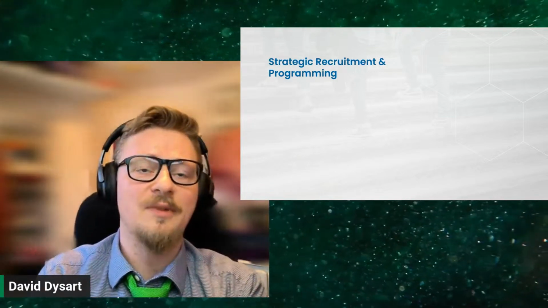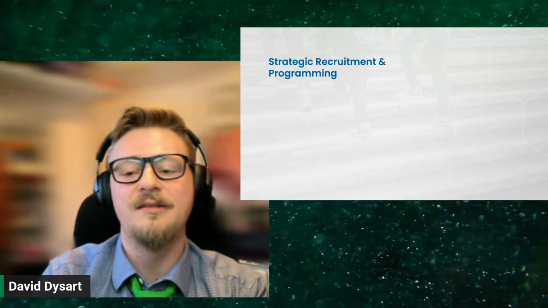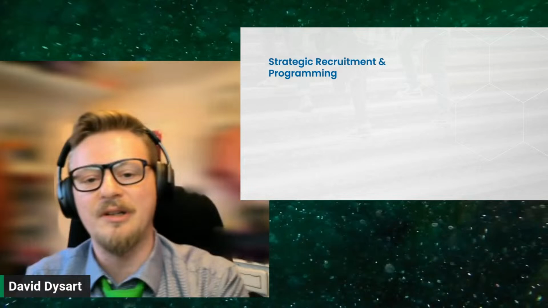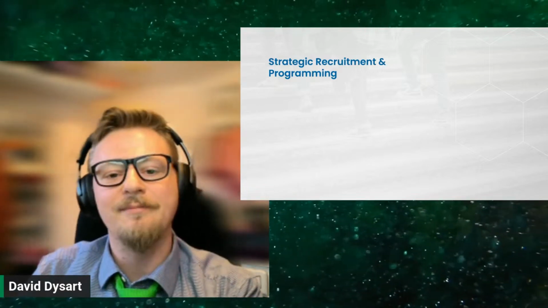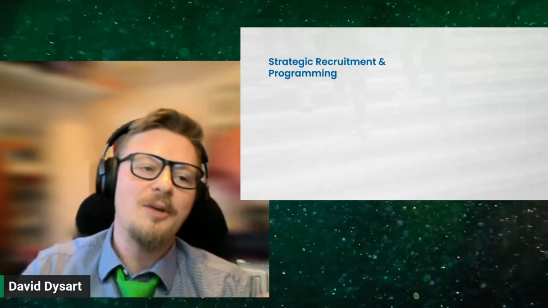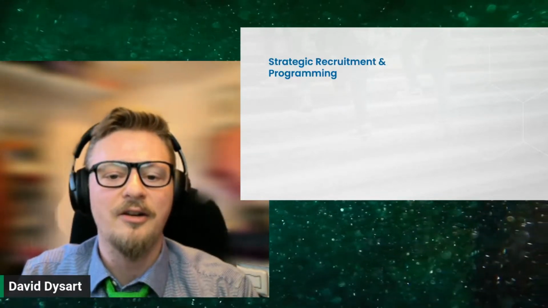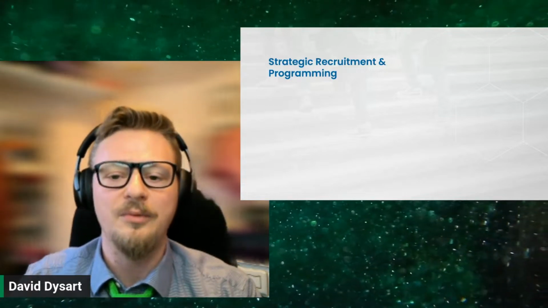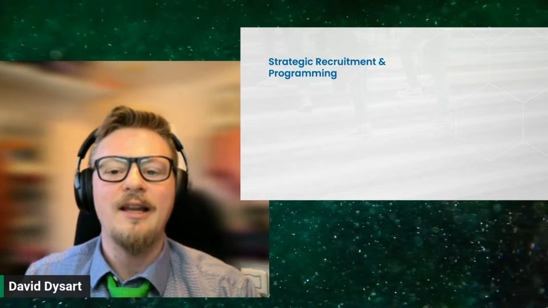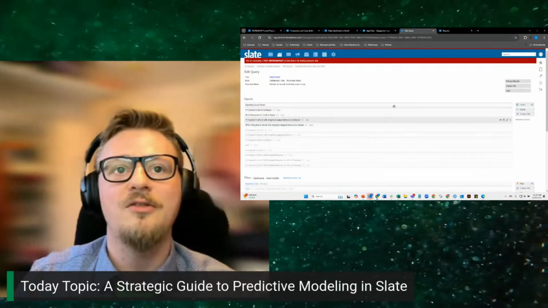But if you watch last month's workshop on how to use engagement scoring in your business practices, a lot of the same stuff is applicable to predictive modeling, such as what school geographies, demographics, and name buys to focus on that are outperforming projections, and where you can leverage those at similar institutions or geographies to be more impactful with your recruitment strategies. We can also apply more high-touch recruitment in places with a higher return on investment. So let's hop back to Slate.